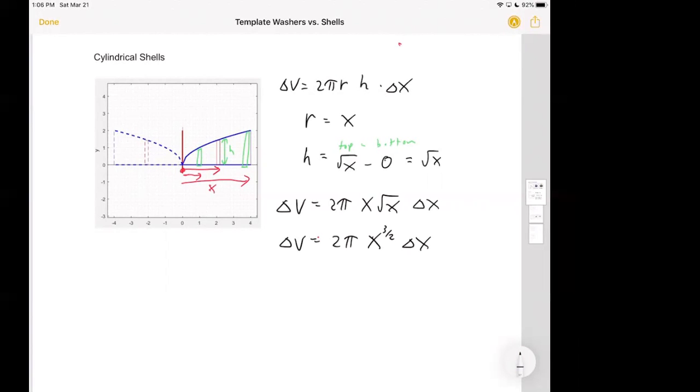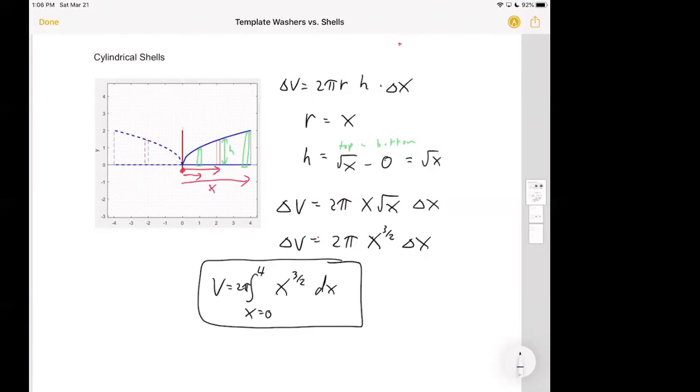The volume should be the integral of 2 pi, out front, times x to the 3/2, and the delta x becomes dx. I'm going to integrate from x values starting at 0 all the way up to x values of 4. Okay, so this is the volume integral.